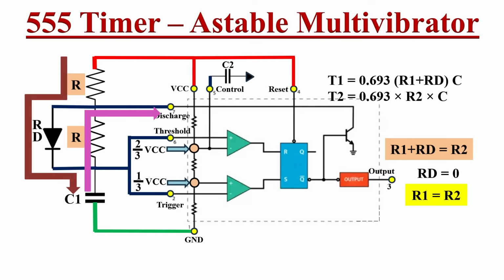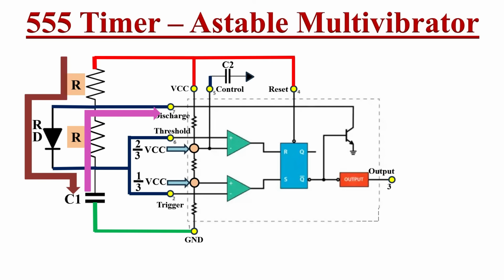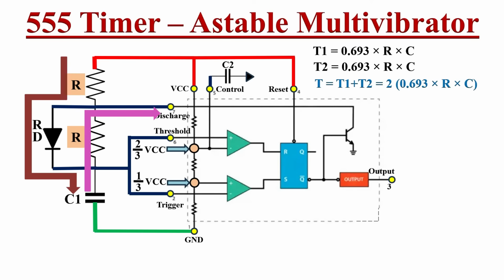Here also the total resistance is R. So here T1 equals 0.693 into R into C and T2 equals 0.693 into R into C. Both on time T1 and off time T2 are the same. So the total time period T equals 2 times 0.693 into R into C.